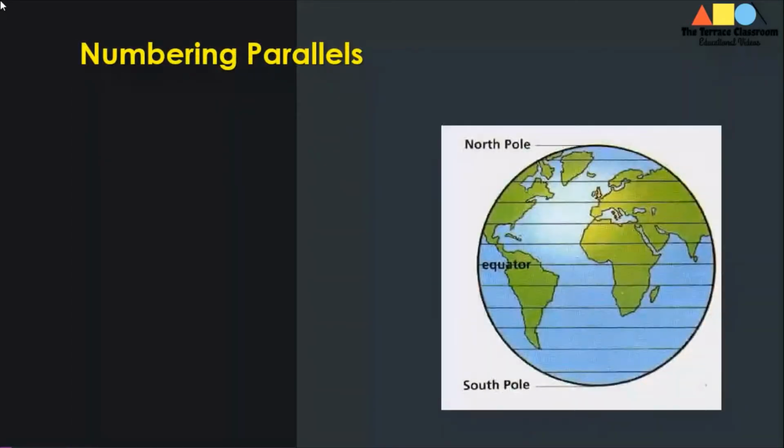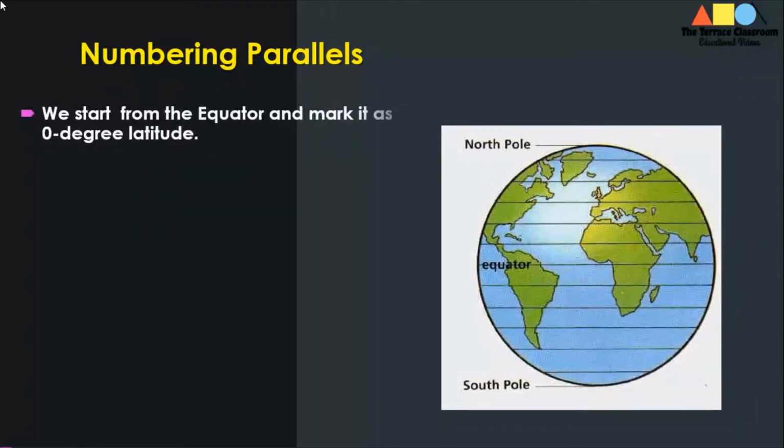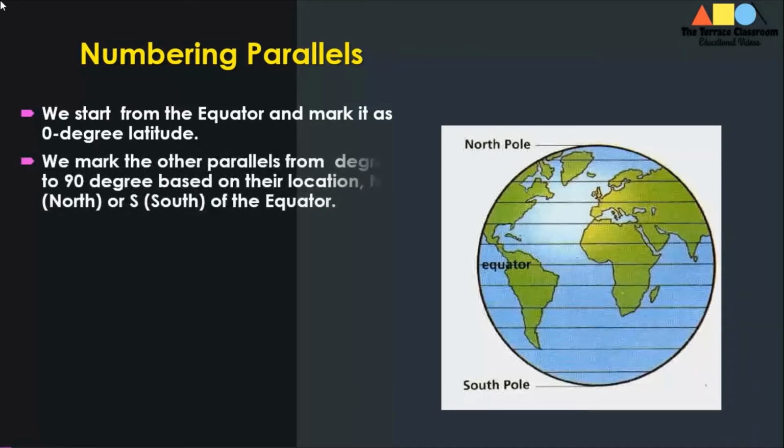So now that you know what are parallels and what are the important features of parallels, let us know how to number them. Numbering parallels. First, we start from the equator and mark it as 0° latitude. Then, we mark the other parallels from 0° to 90° based on their location, N for north or S for south of the equator.